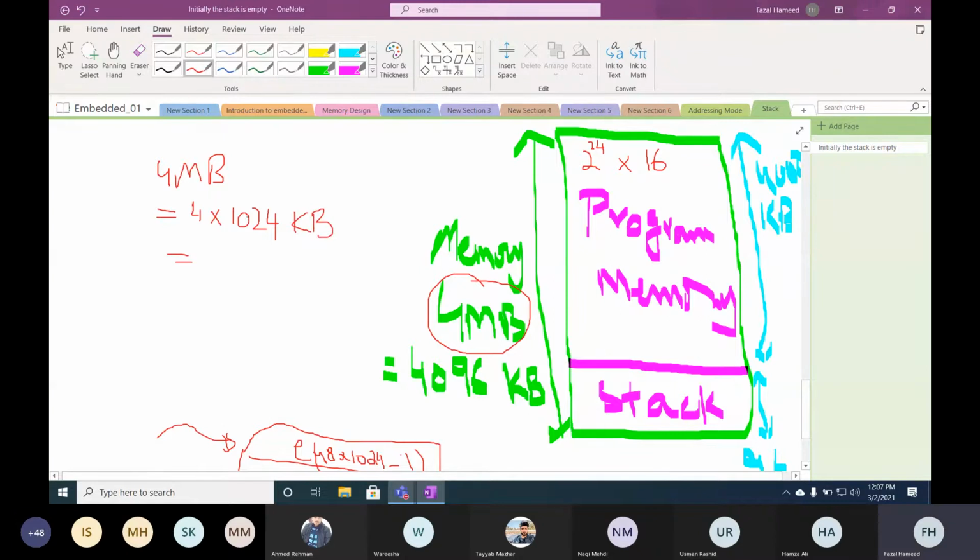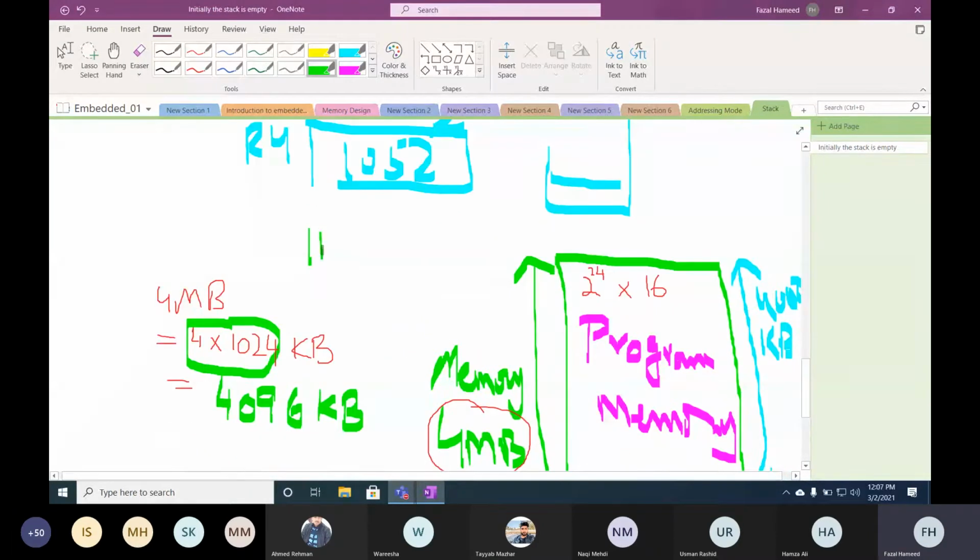Okay, so this is now equivalent to 4096 kilobyte, because 1 M is equal to 2 to the power 20 and 1 K is equal to 2 to the power 10.